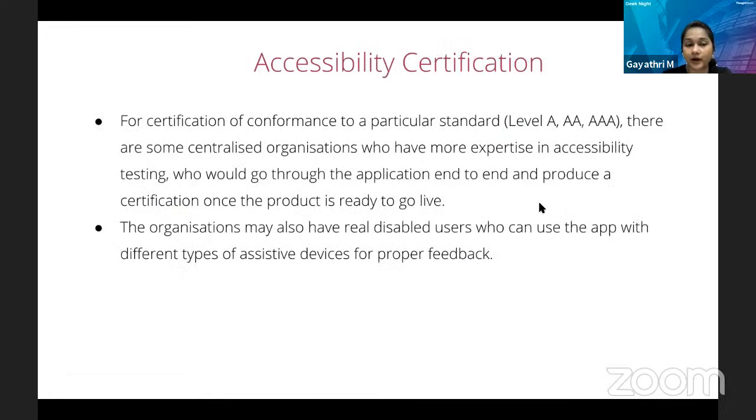So the last part is accessibility certification. This is not like a standard agency that will provide the certification so far, but there are companies who have gained a lot of expertise in accessibility testing, and they do provide their own certificates. It's not a centralized certification, but organizations provide their own certificates after testing the software completely, to see if it is conforming to a particular level, like we were talking about level A, level AA, level AAA.